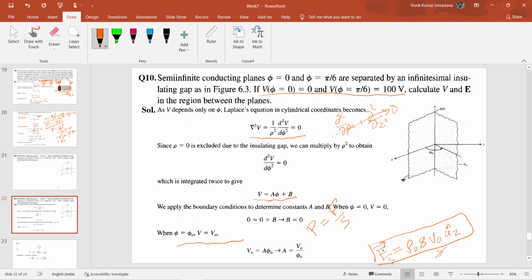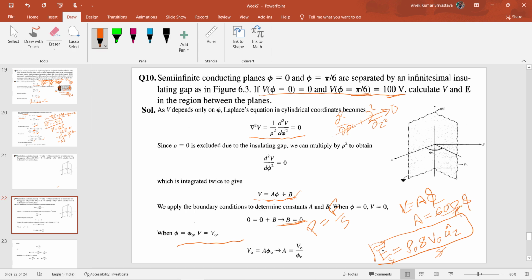At phi equals 0, V will be 0, so b will be 0 here. The expression becomes V equals a phi only. Now when phi equals pi by 6, V equals 100, so you can put the values of V and phi here and find the value of a.